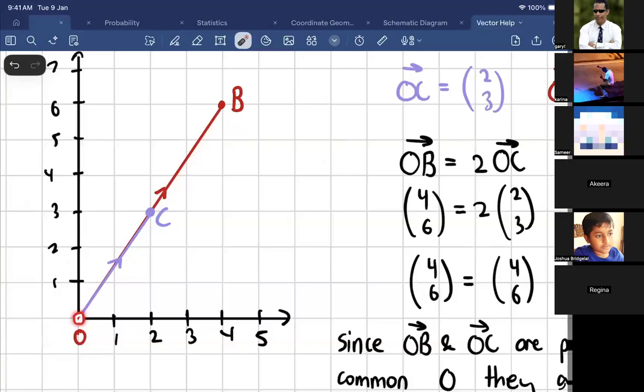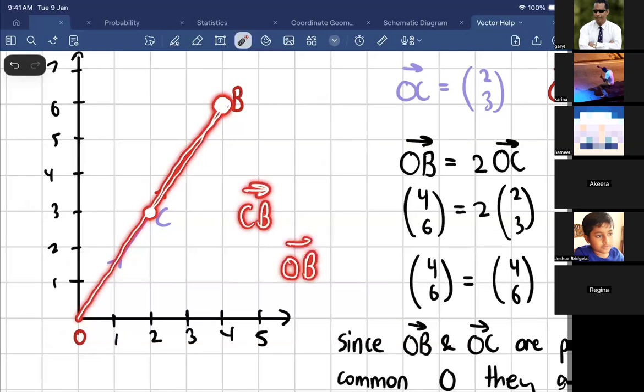So this vector taking you from where to where? From O to B. This vector over here taking you from where to where? C to B. If I had vector CB and vector OB, what is the common point that they share? B.